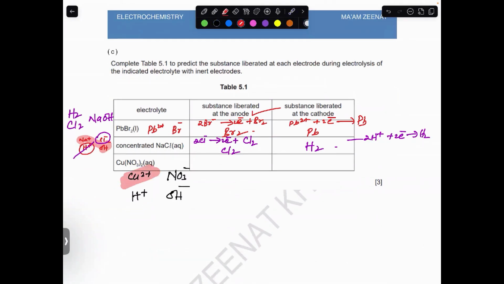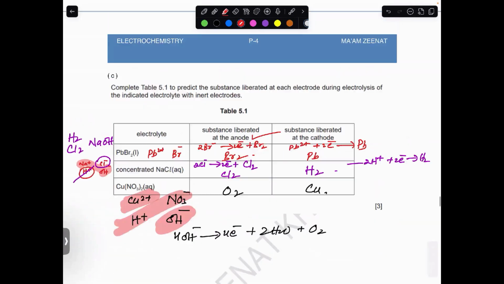And among nitrate and OH, nitrate can never lose electron. So it's OH. At cathode, copper will form. At anode, 4OH negative lose 4 electrons to give water and oxygen. So oxygen is formed, and HNO3 is left.